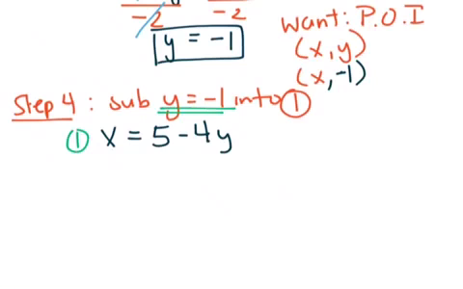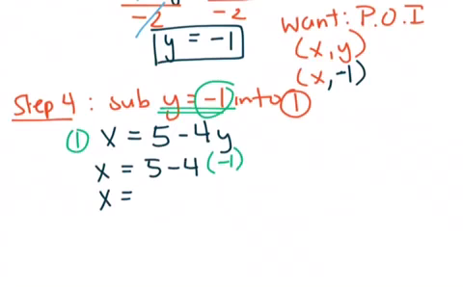So we've got x equals 5 minus 4 times -1. Remember, BEDMAS, we do multiplication before subtraction. -4 times -1 is just +4, so x equals 5 plus 4, which is 9.